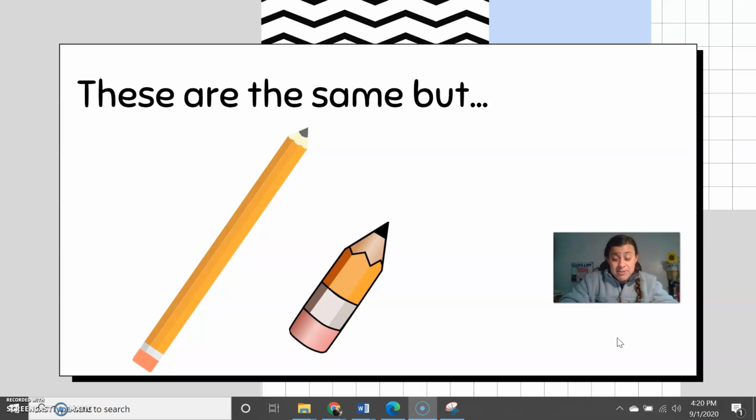But our thinking job today is to describe how they are different. So your teacher is going to pause the video and discuss with you how they are different. I want you to start thinking of how you could describe how these pencils are different. Your teacher is going to look out for hands raised. Remember, you are saying the sentence stem, these are the same, but.